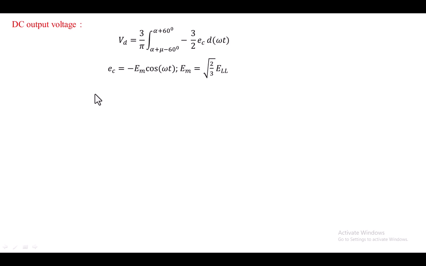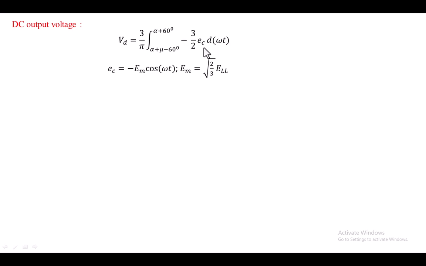DC output voltage. During the overlap angle, the output voltage is 0. After the overlap angle, only three devices are conducting, and we are getting the output voltage Vd equal to 3 by pi, integral from alpha plus mu minus 60 to alpha plus 60 degrees of minus 3 by 2 EC d omega t.